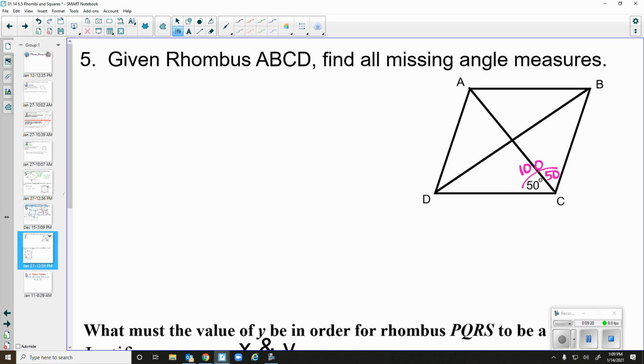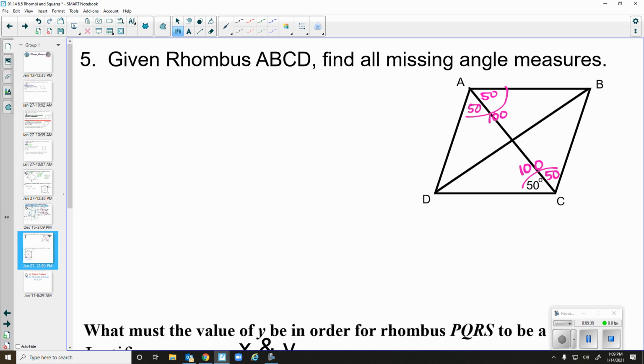What else? The opposite angle. CAD is also 50, and this one is 50, and that makes this 100.